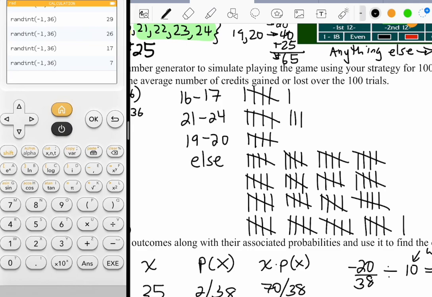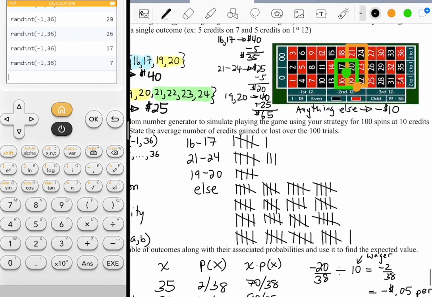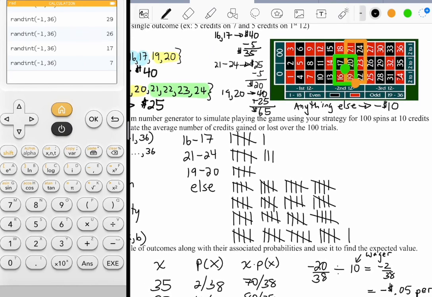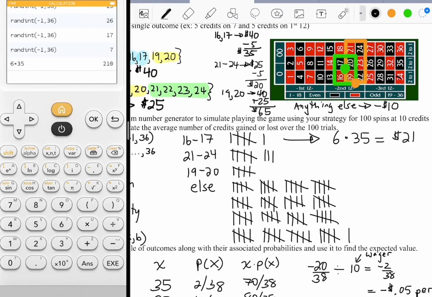Now I just want to see how much I would have won. As it appears, I probably am not going to have won much. If 16 or 17 comes up, I get $35. That happens 6 times. So that's $210 for that outcome. 20 to 24, I get $20 a pop.